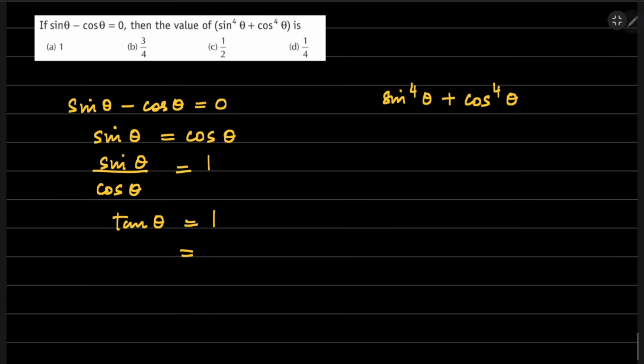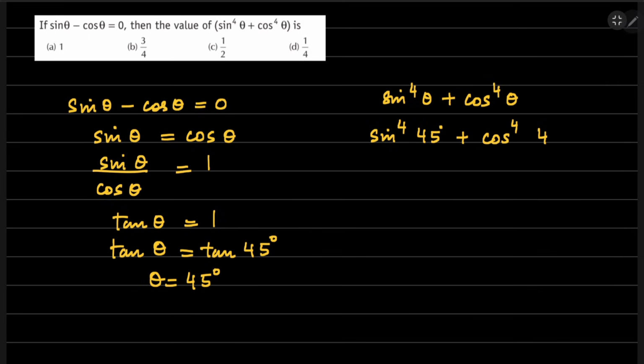Which of tan of which angle is 1? It is tan 45. Tan 45 is equal to 1. And on comparing, theta is equal to 45 degree. So, now you can write sin to the power 4, in place of theta, I will write 45 degree plus cos to the power 4, 45 degree. Both sin 45 and cos 45 is 1 by root 2.